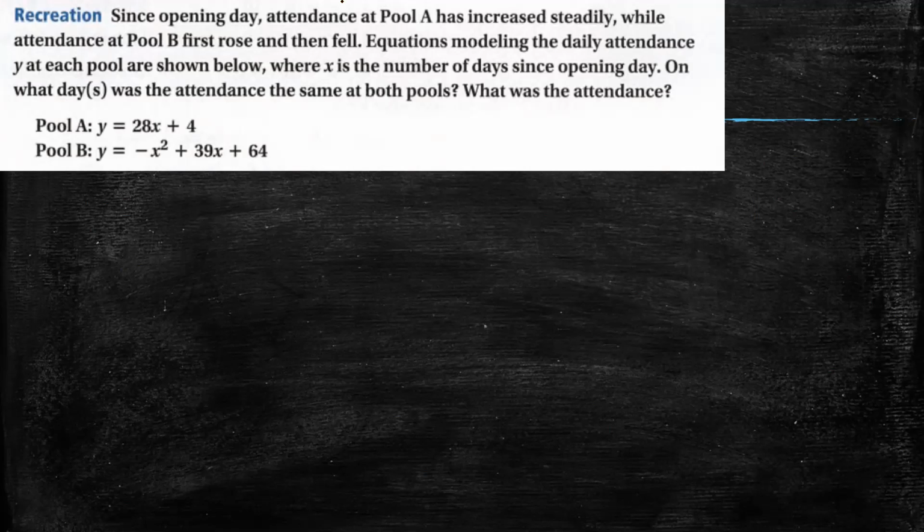Here you have two pools, A and B. Pool A increases in a linear equation, 28x plus 4, and pool B rose and fell, so it is a quadratic equation, negative x squared plus 39x plus 64.